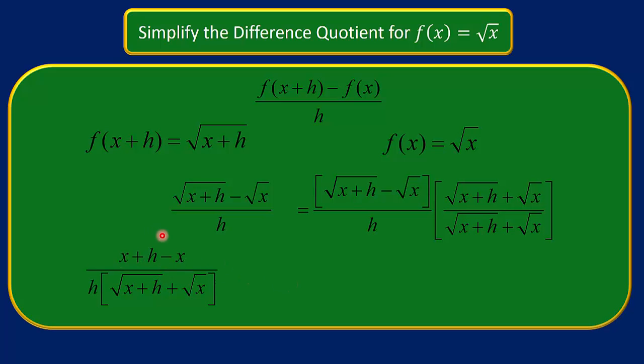Okay, so now notice we have x minus x, and then the h left standing, and now these h's will divide out, and we're left with 1 over the square root of x plus h plus the square root of x. And that one's done. So notice the trick there. The trick was multiplying by the conjugate.